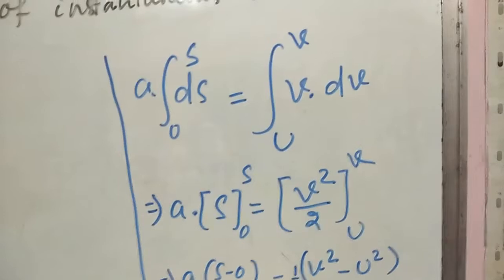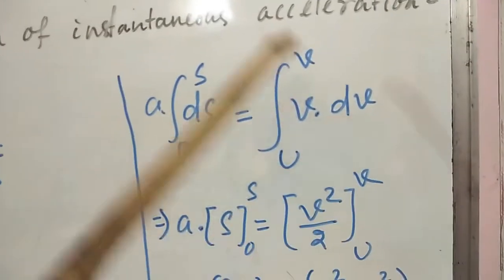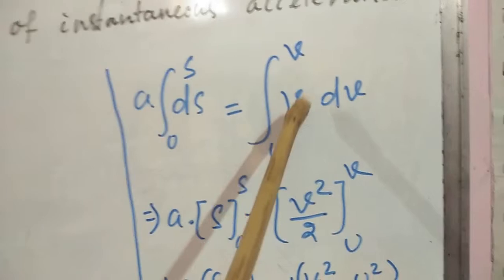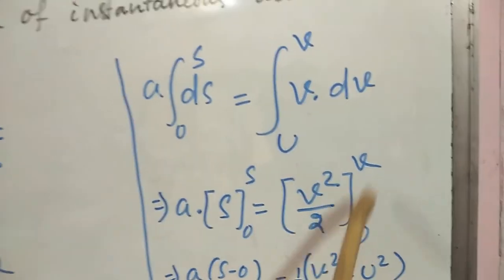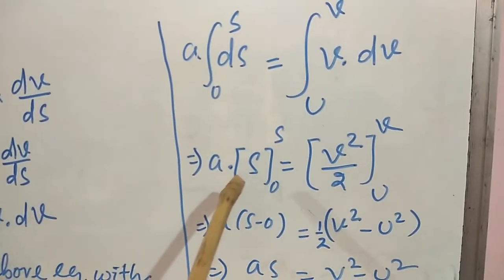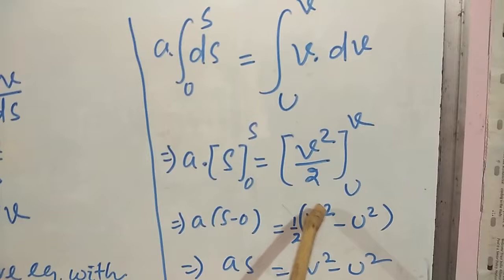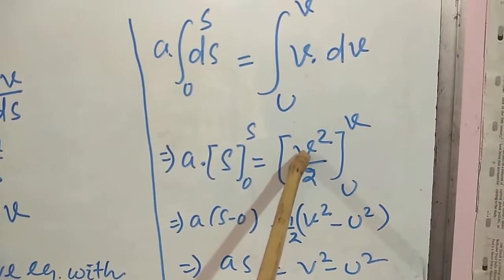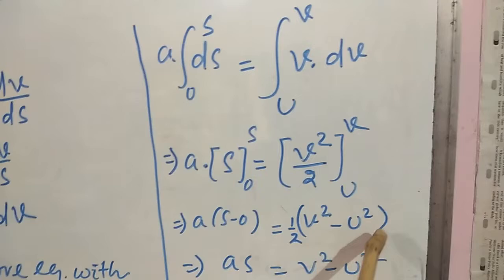The integration formula is x to the power n plus 1 by n plus 1. Here v to the power 1 is there, so v to the power 1 plus 1 by 1 plus 1. With the u to v limit, then a times upper limit minus lower limit equal to half of upper limit minus lower limit, v square minus u square.